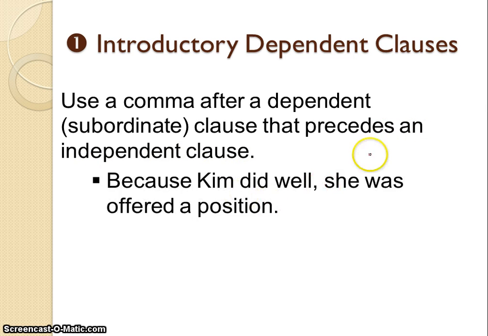For example, because Kim did well, here is our dependent or subordinate clause. She was offered a position. This is our independent clause because we could have that as a sentence all by itself. Well, this is before that. This dependent one is right before the independent one, so it's considered a subordinate clause or an introductory dependent clause because it's introducing. We would use a comma to separate them.